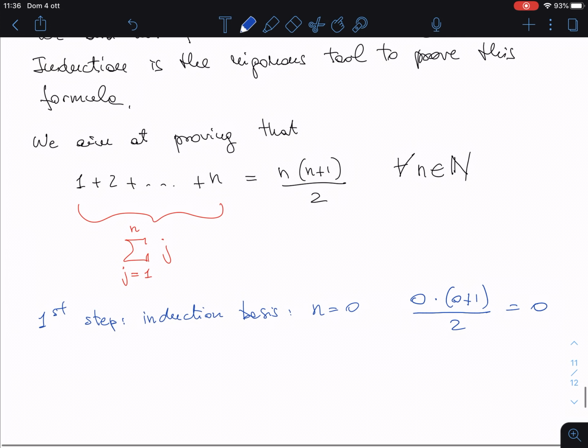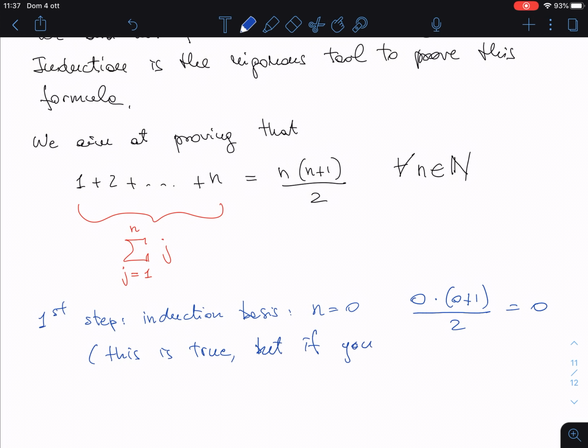This is true, this is perfectly convincing. But if you are not convinced, because talking of the sum of 0 numbers is somewhat ridiculous, consider n equal to 1, and then you have 1 times 2 divided by 2.